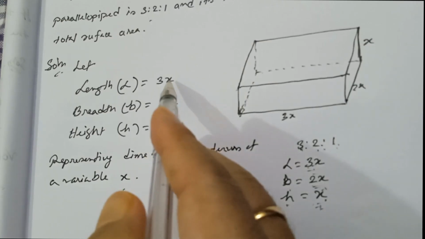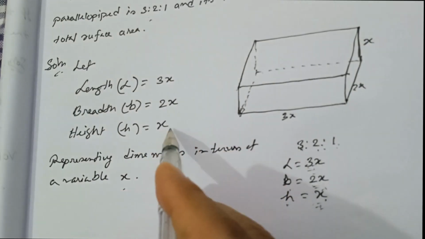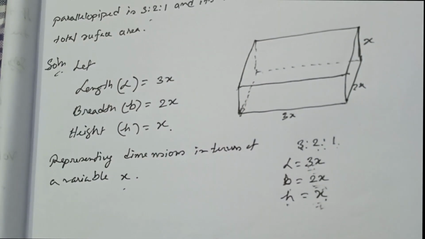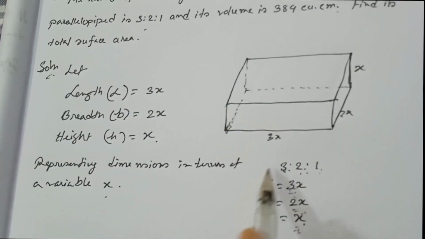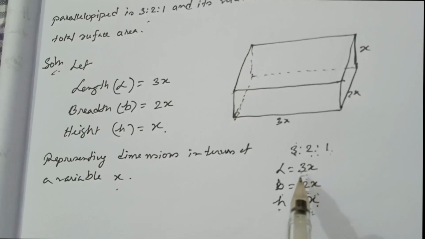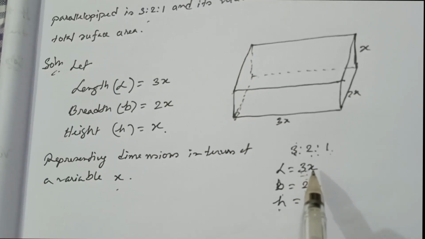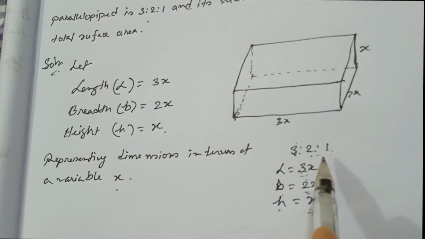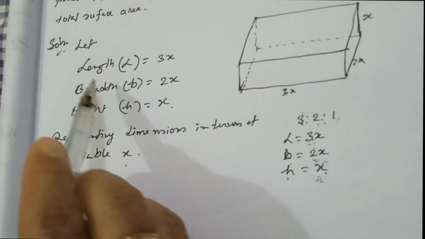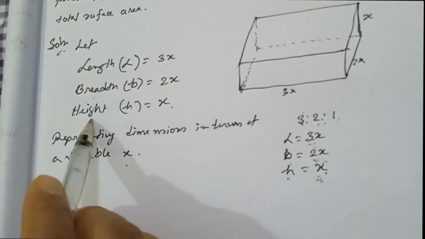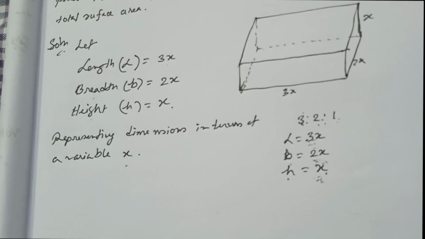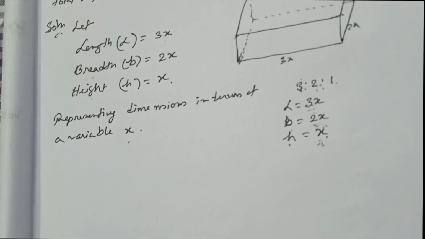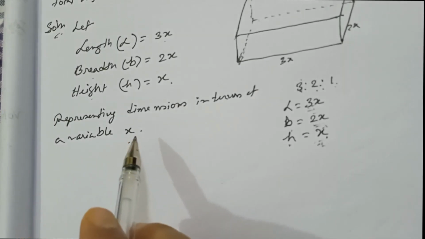The same variable we are using in all the dimensions, because the ratio is 3:2:1, so we keep the variable x same in all the three dimensions, then we get the ratio like this. So suppose length is 3x, breadth is 2x and height is x.